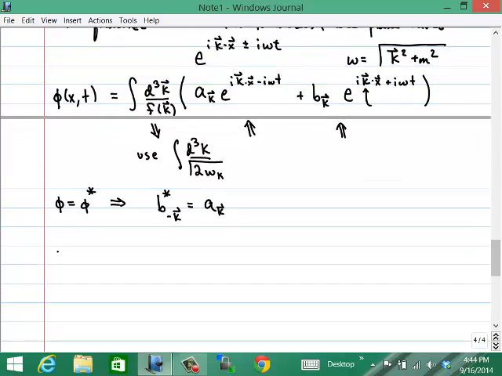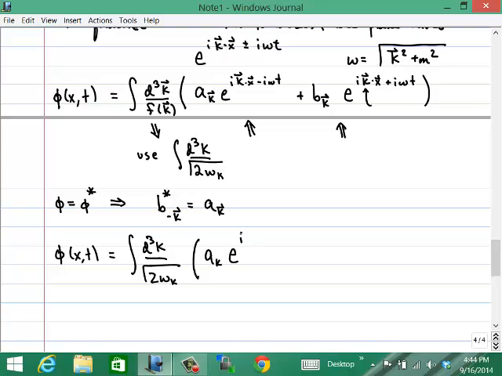So that means that I can rewrite this as the integral d3k over omega k of ak e to the I k dot x minus I omega t, which I'll just abbreviate as k mu x mu using Einstein summation notation, plus A star of k e to the minus I k mu x mu.